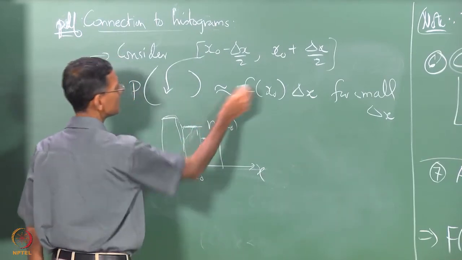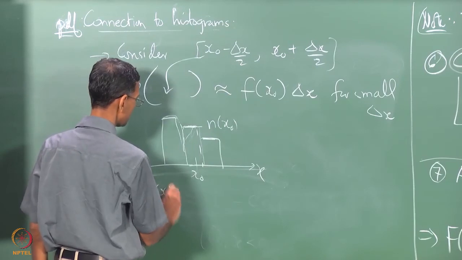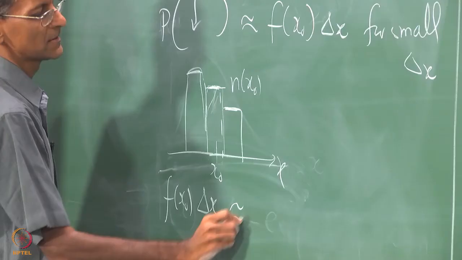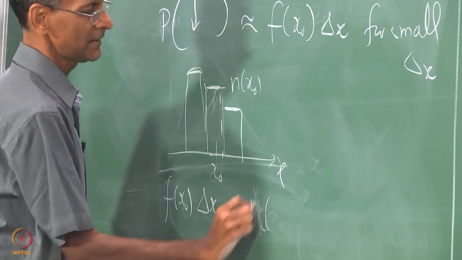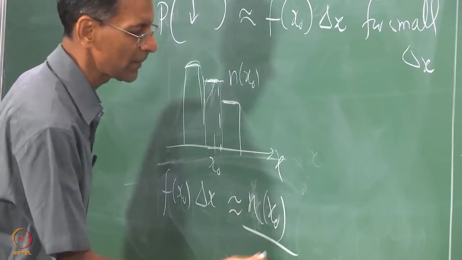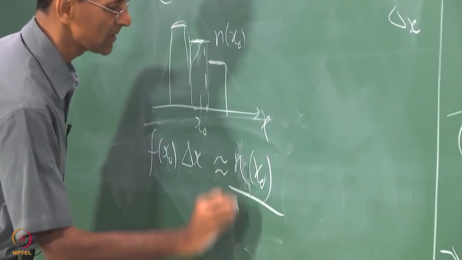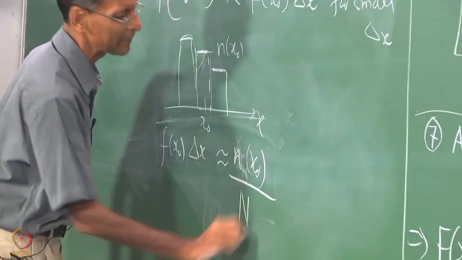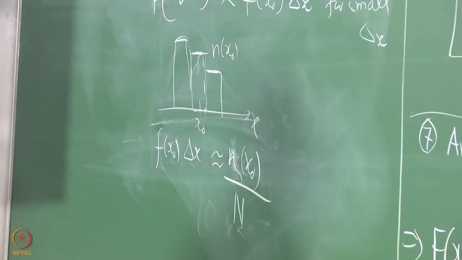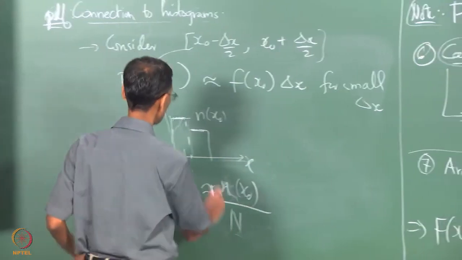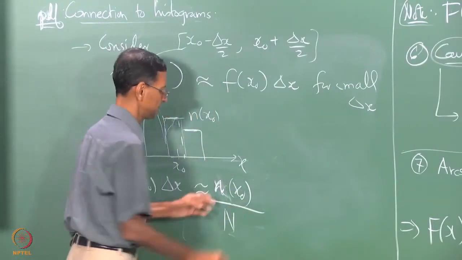This f of x naught delta x is roughly n of x naught divided by the total number of trials N.